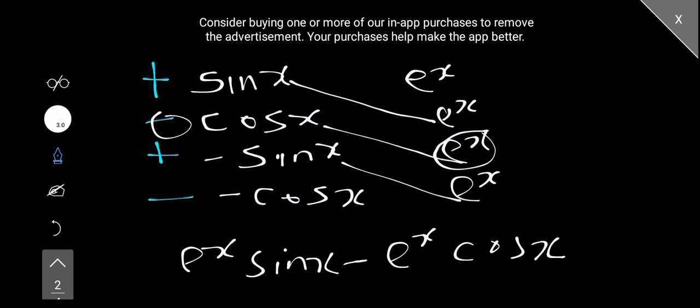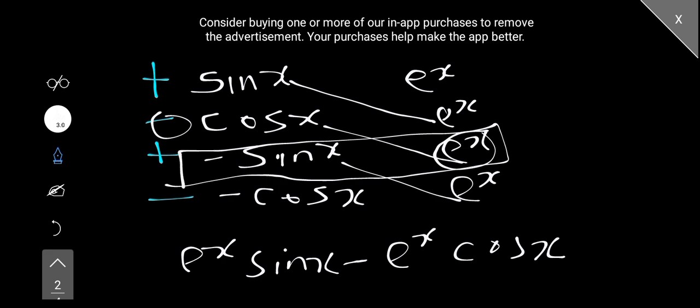Now, if you look at this one here, we note that the function in the equation has repeated itself.